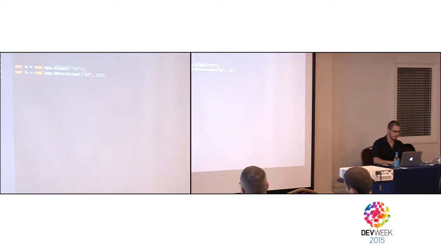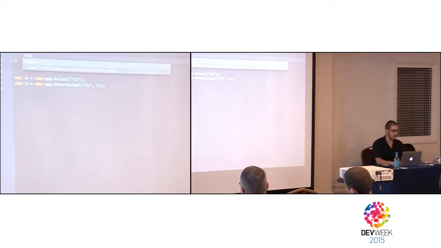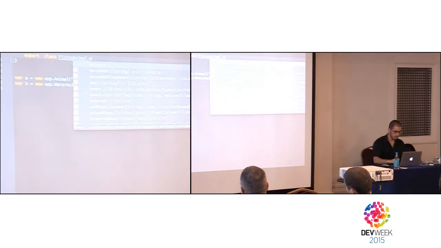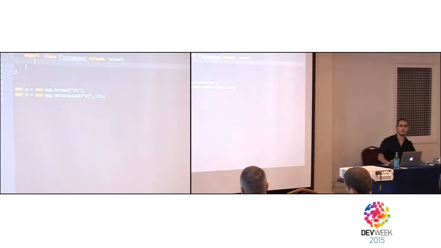And I'm going to real quick create the flying animal. And this flying animal is not going to have too many things special. It also extends the animal itself. And I'm going to do just one little method called fly.